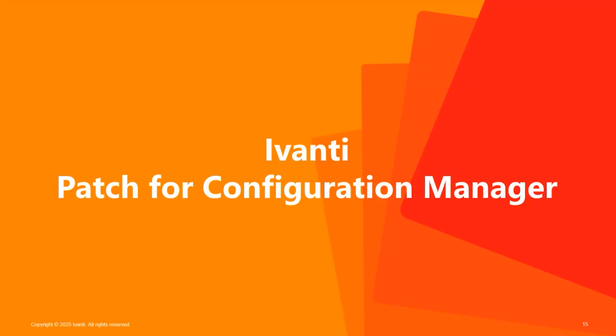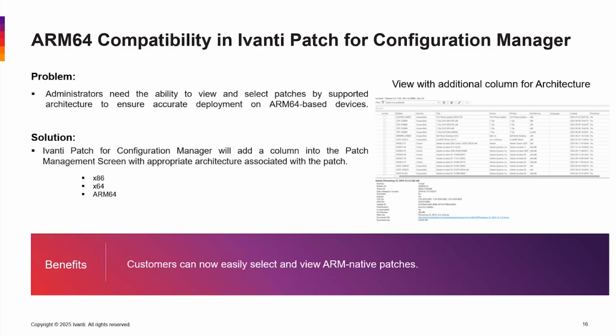Let's move forward to the patch for Configuration Manager, which is our plugin that gets attached to the Microsoft product System Center Configuration Manager, wherein we are now adding the capability to view the architecture for the patches, whether they have ARM64 compatibility or not.